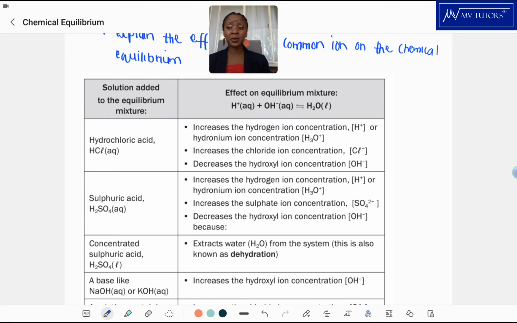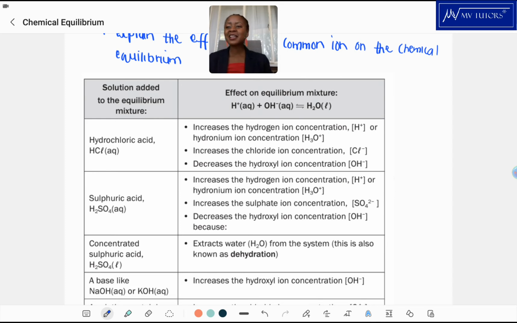Let's say you are adding hydrochloric acid to an equilibrium mixture. What will that do? It increases the hydrogen ion concentration, or you would say the hydronium ions. It also increases the chloride ion concentration, but it decreases the hydroxyl ion concentration.